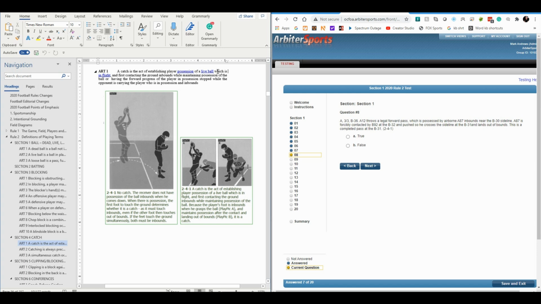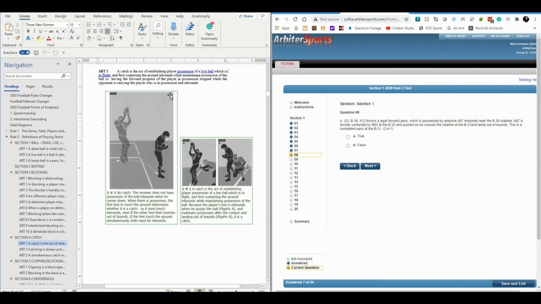Possession of a live ball which is in flight, which obviously this is. The ball is in flight. That simply means it hasn't touched the ground yet. And first contacting the ground inbounds while maintaining possession of the ball, or having forward progress of the player in possession stopped while the opponent is carrying the player who's in possession and inbounds.